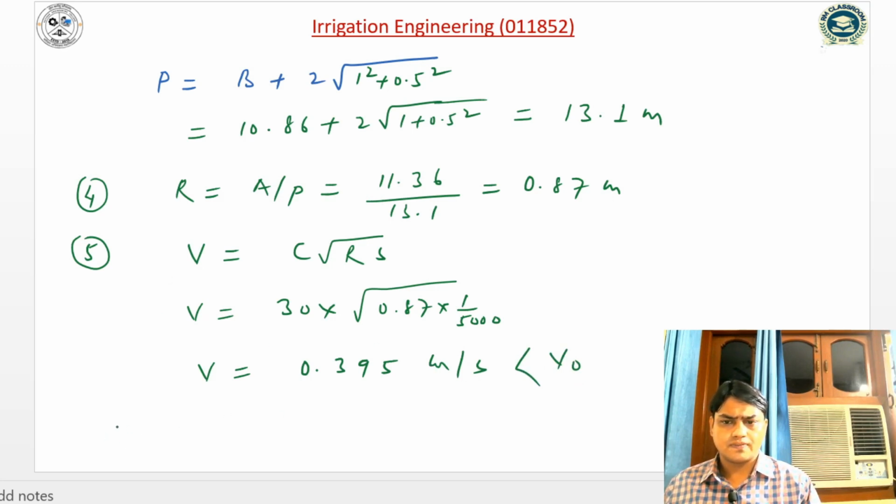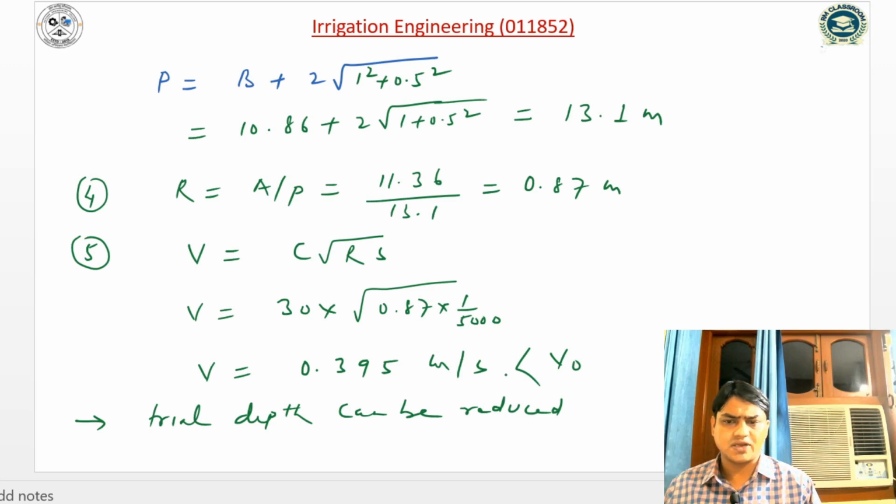So once again we have to take the depth. So trial depth can be reduced because this velocity is less than V naught.